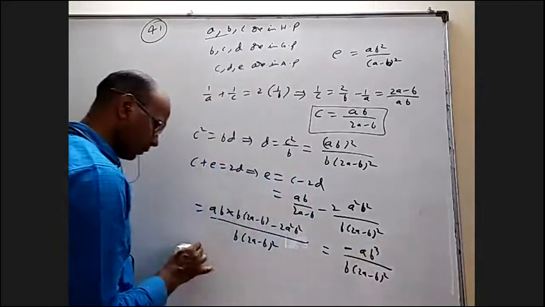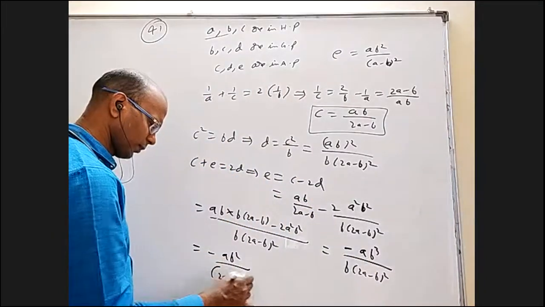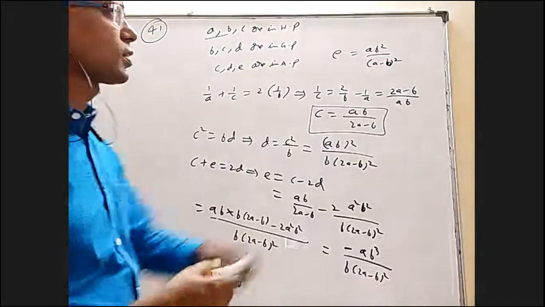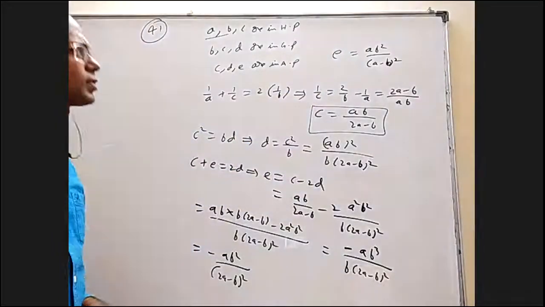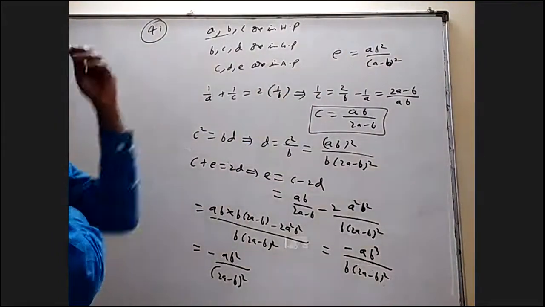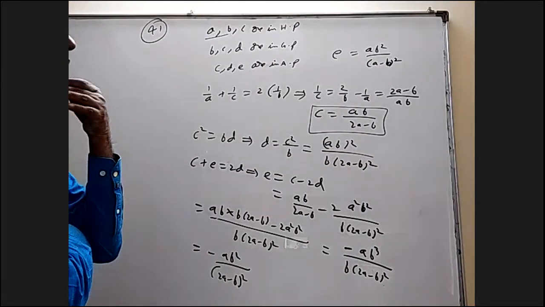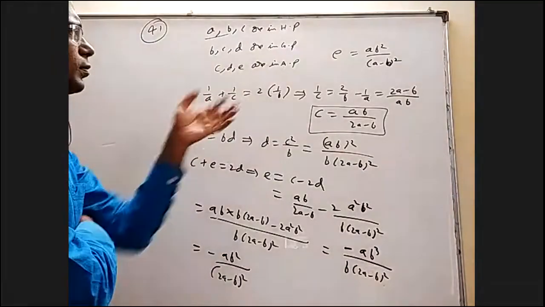If I cancel, minus AB square by 2A minus B whole square. I'm getting 2A minus B, not this. I'm getting minus here and with the 2 here. Then maybe it is wrong. What is left? Because there's a 2 here.